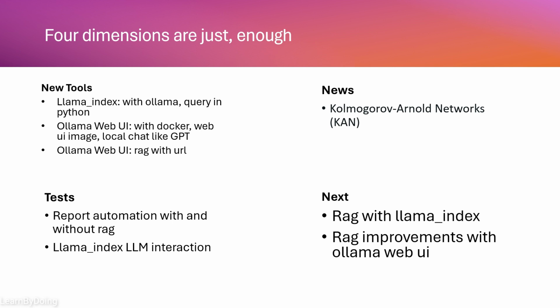Then this week I also did some tests about report automation with and without RAG to see the difference. The simple conclusion is that with RAG, our prompt becomes more efficient to interact with the large language model.